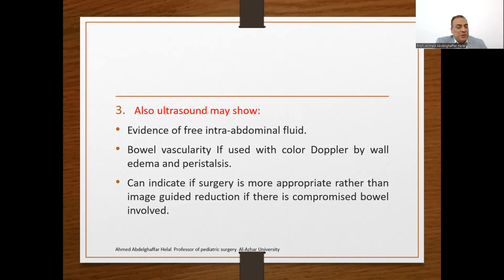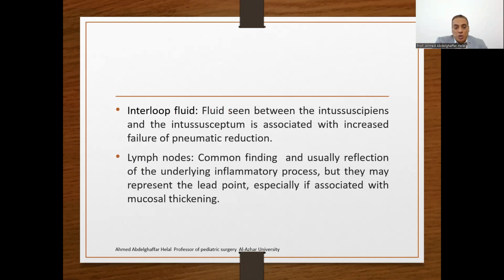We can suspect impending infarction of the bowel, which needs urgent surgical intervention. So it can indicate whether surgery is more appropriate than image-guided reduction if there is compromised bowel involved. So ultrasound is the gold standard, very important to diagnose intussusception.